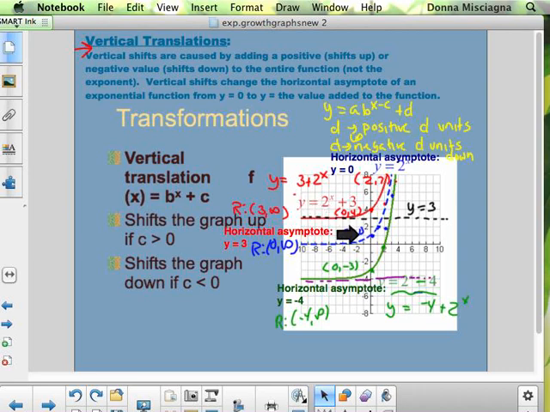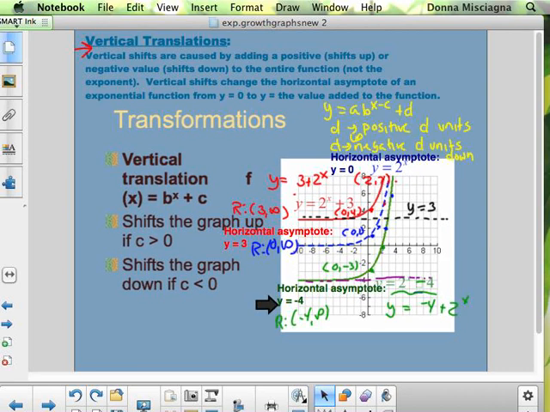Instead of a point 0, 1 now, because the graph has been shifted up 3, we have a point 0, 4. And the horizontal asymptote has changed to y equals 3 because we've added 3 to the whole function. All right, so we've got horizontal translations and vertical translations.